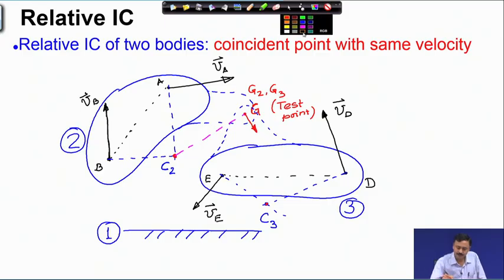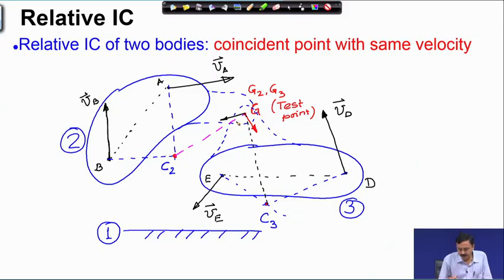Similarly, the velocity of point G3, which belongs to body 3, must be perpendicular to C3 G3. So, it must be this. Now, they are definitely not same. If you ponder a little bit, you will realize that they can be same only on the line joining C2 and C3.